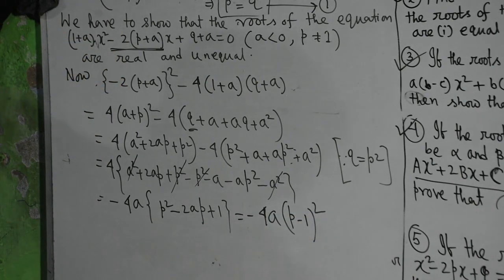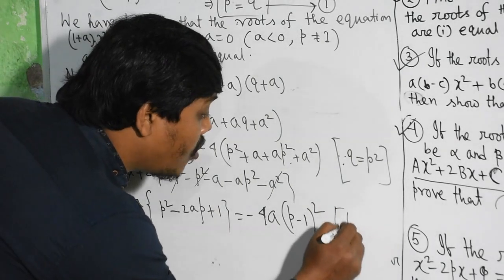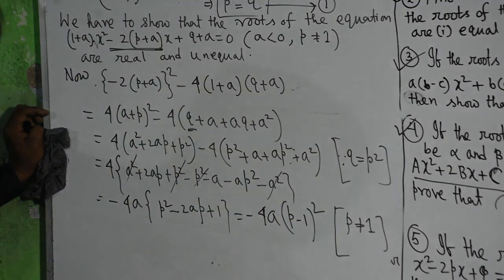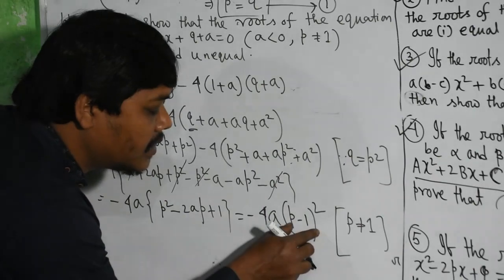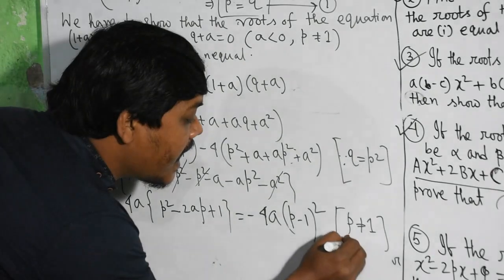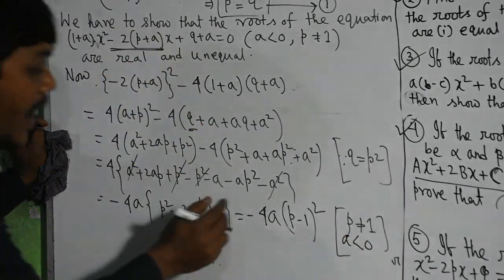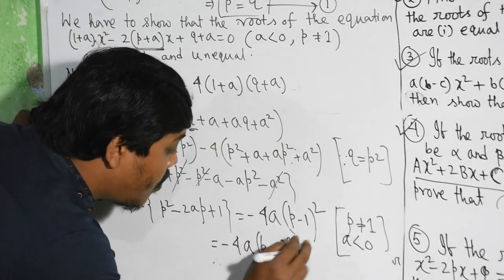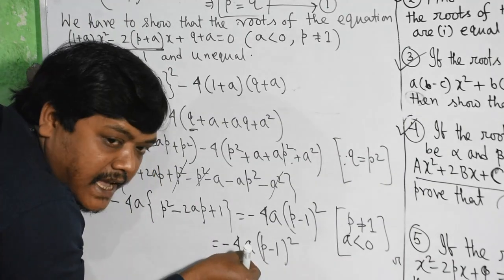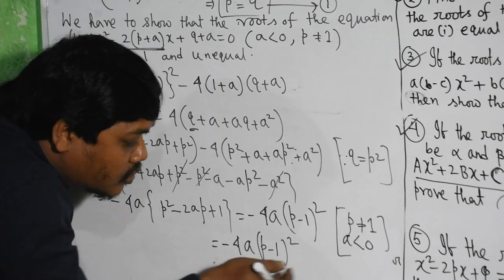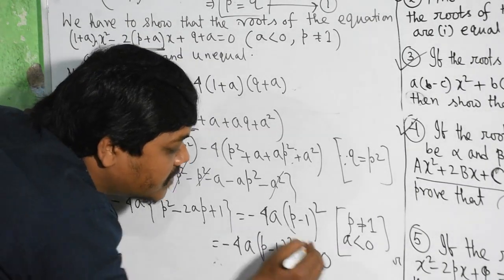From the given condition in your question, p is not equal to 1, that means p minus 1 cannot be 0, and (p minus 1) whole square is always a positive quantity, because any square quantity is always positive. And what about a? a is less than 0, so minus 4a is a positive quantity: a is negative and this negative, after multiplication, we will get positive. So the whole result is always positive.